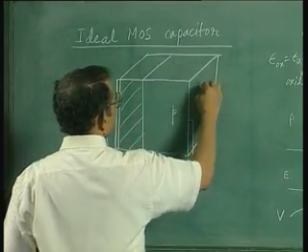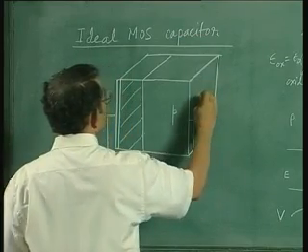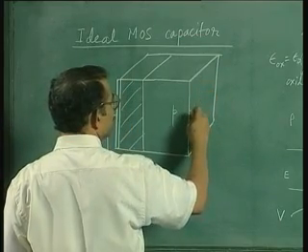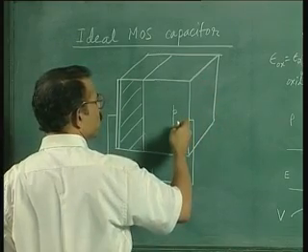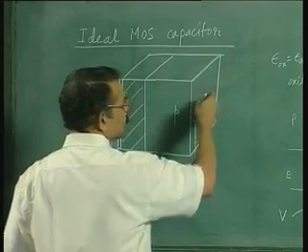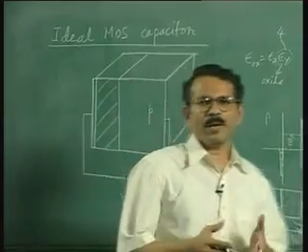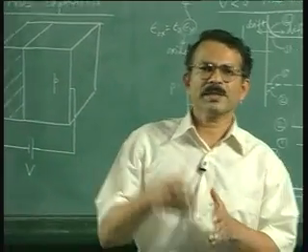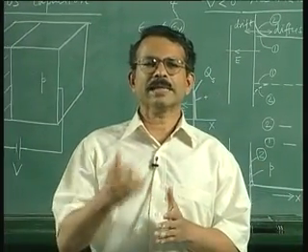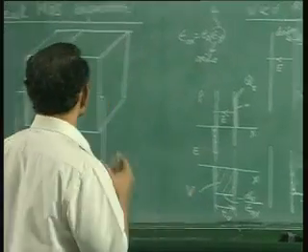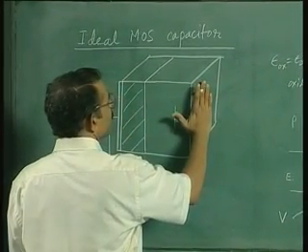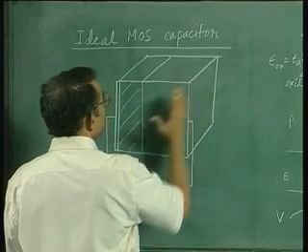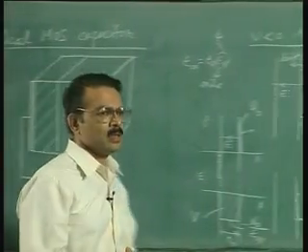Now this is the area that we are talking about. So per unit area means this particular area which is perpendicular to the board is of unit dimension. So maybe 1 centimeter square or maybe some other unit. But that is the area. So when you talk of capacitance or charge per unit area, we are talking of, if you take a unit area of this, then how much is the charge.